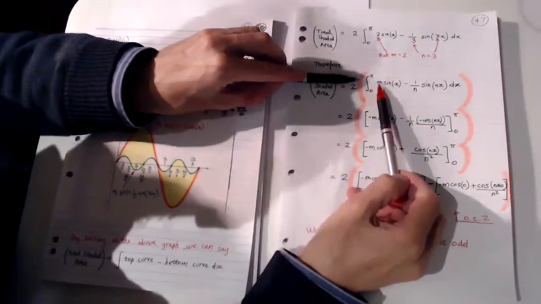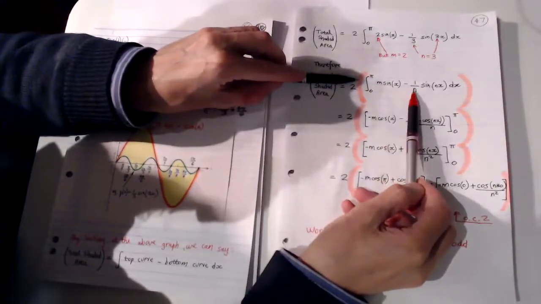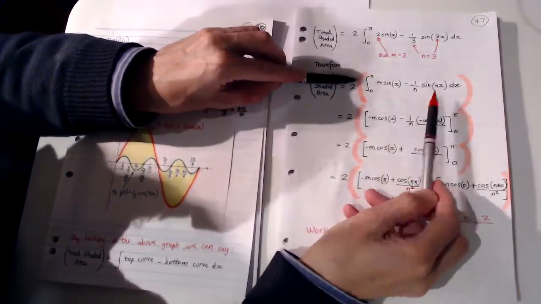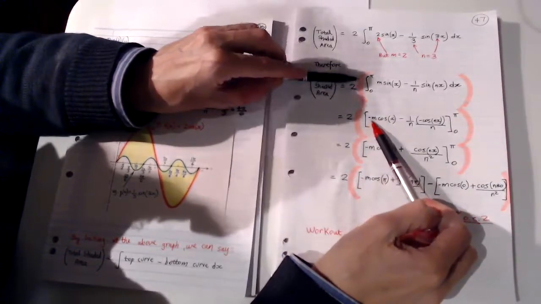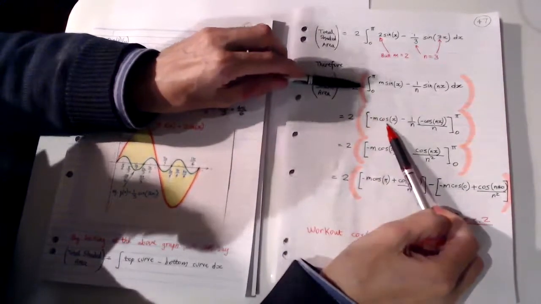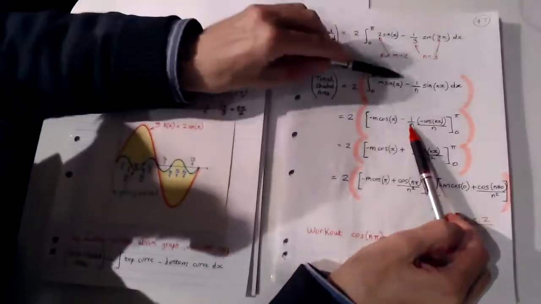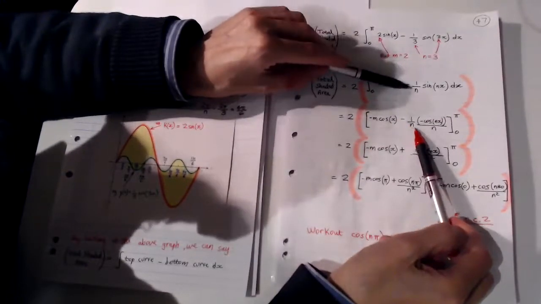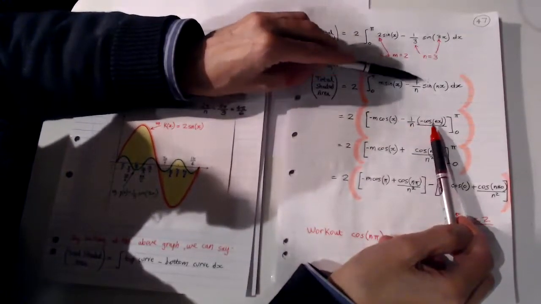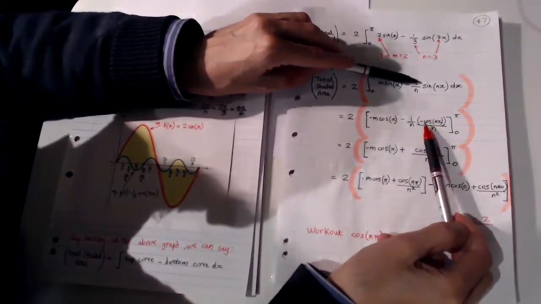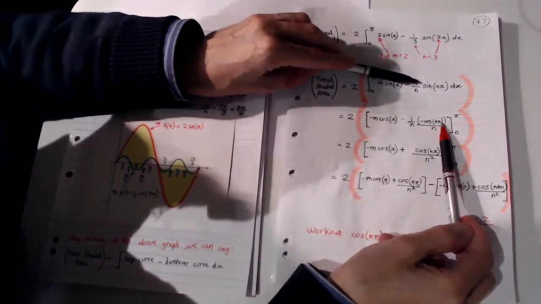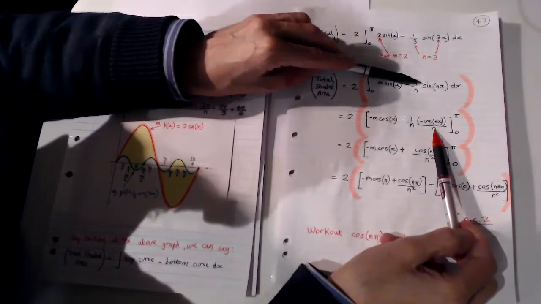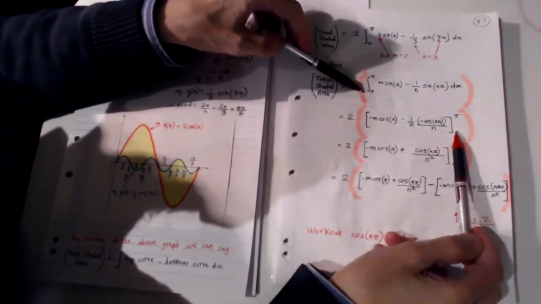The integral of m sine x minus 1 on n sine nx is the following: negative m cos x minus 1 on n, and the integral of sine nx is negative cos nx on n, between 0 and pi.